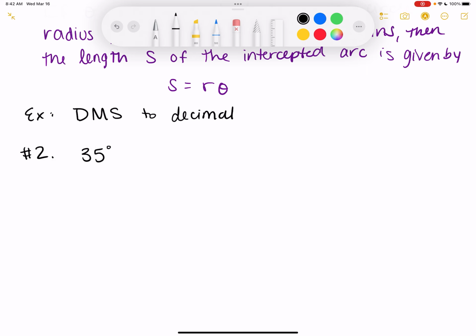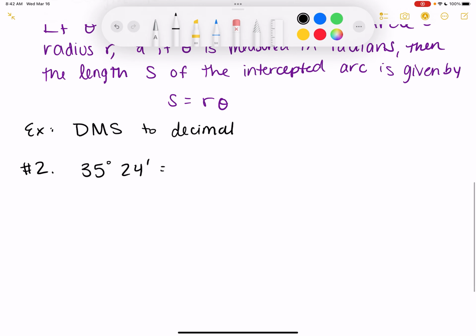35 degrees, 24 minutes. So, we want this converted into decimal, but all that means is we're taking the minutes and seconds and making them like degrees basically, but they will be decimal values, if that makes sense. So we always keep whatever this degree value is.